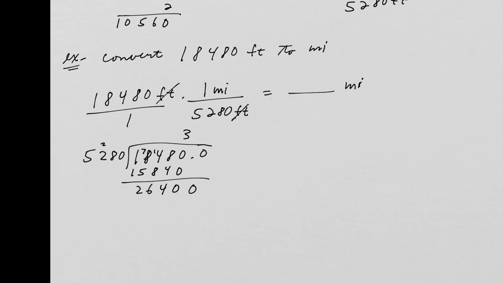And then 5280 into 26,400 is, I guess, exactly 5 times. So this would be 0, 40, so carry the 4. Let's say 10, 14, 1, 25, 20, yeah, 26. So that's 0. So 18,480 feet is exactly 3.5 miles.